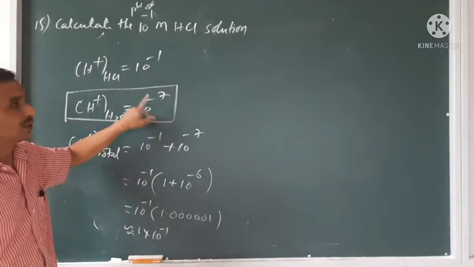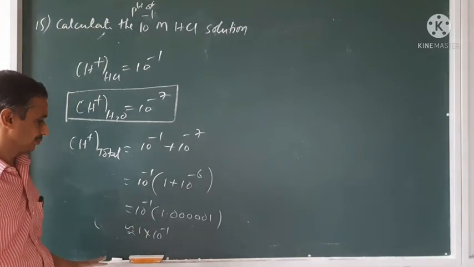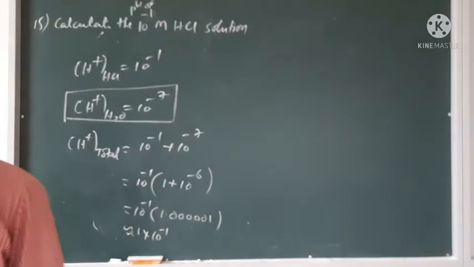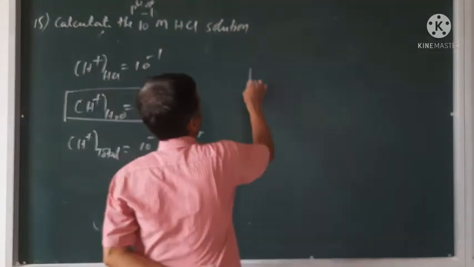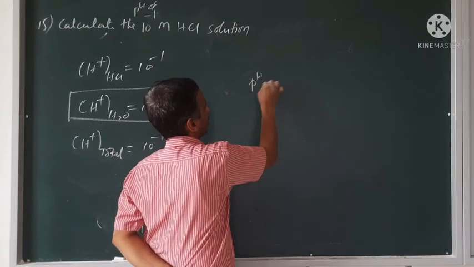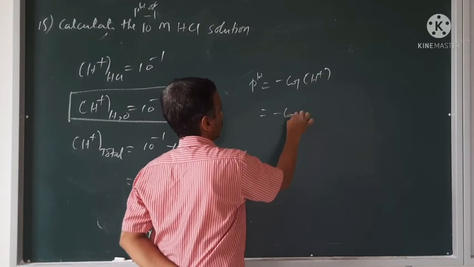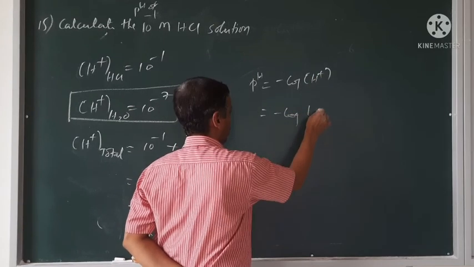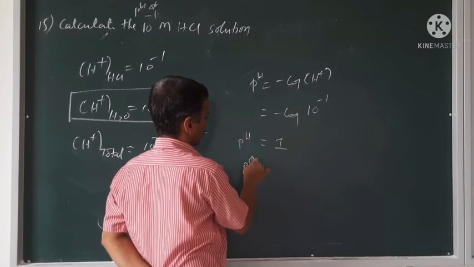So directly this is taken as the H plus concentration. pH is equal to negative logarithm of H plus concentration, which is negative logarithm of 10 to the minus 1, equal to 1.